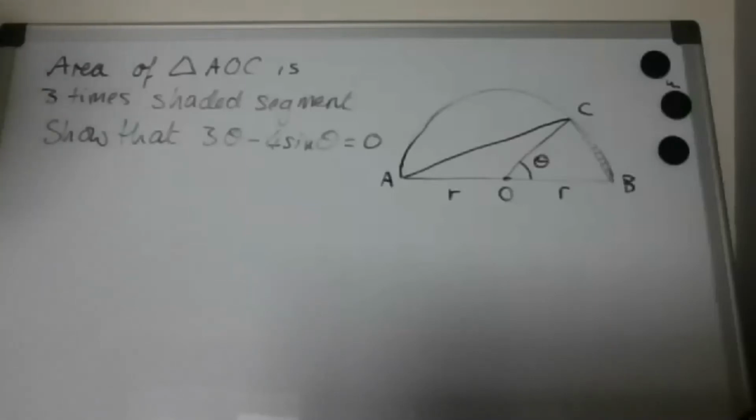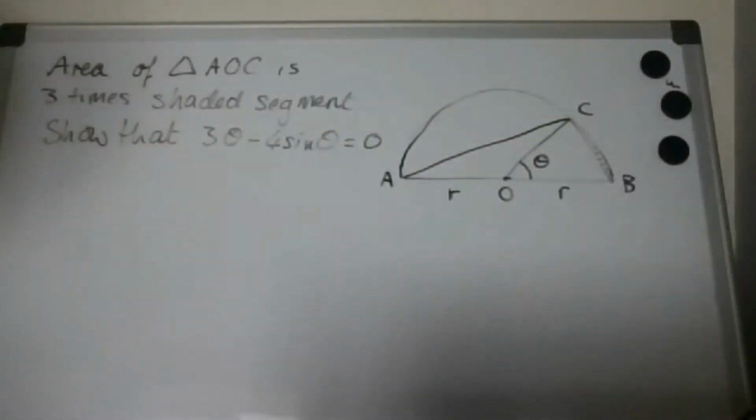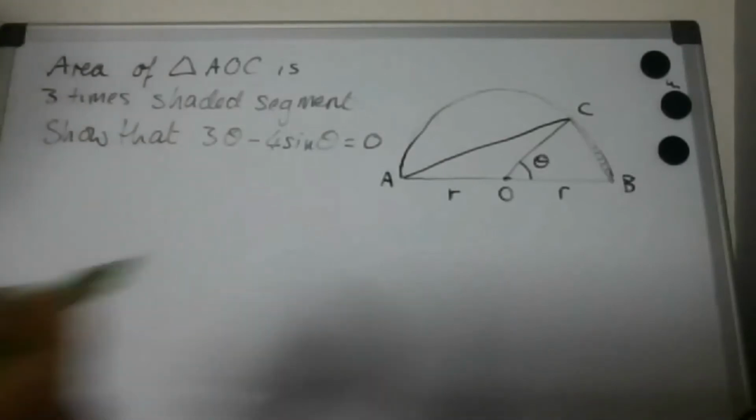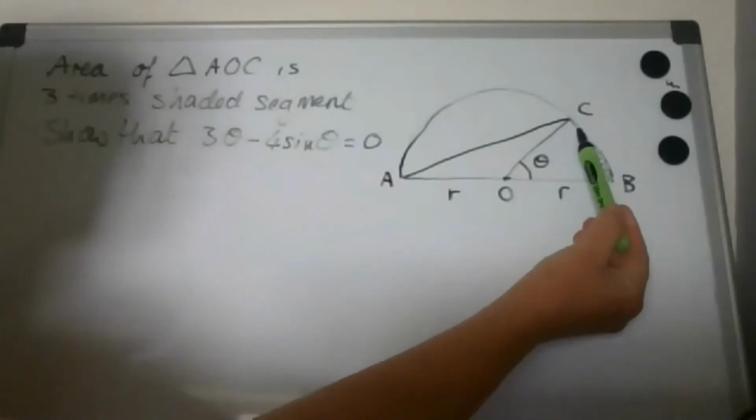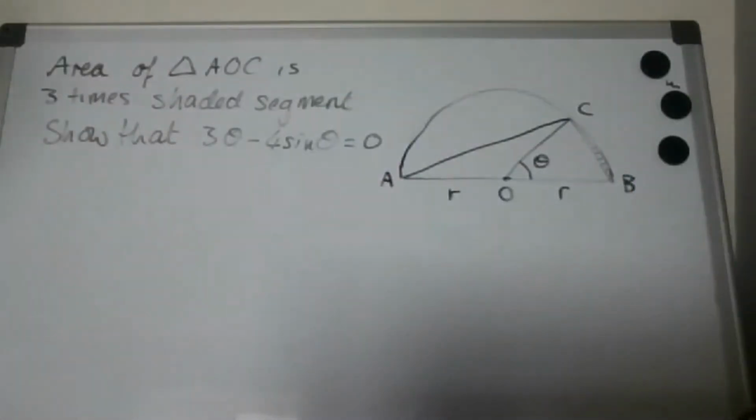If you want to be able to look at it there, you might find it's a slightly clearer diagram than mine. Okay, so it says that the area of the triangle AOC, this triangle here, is 3 times the area of the shaded segment. Now, I don't know if you can see it in my diagram, but the shaded segment is just there. It's slightly hard to see, which was where, if you look in your textbook, you can see it more easily.